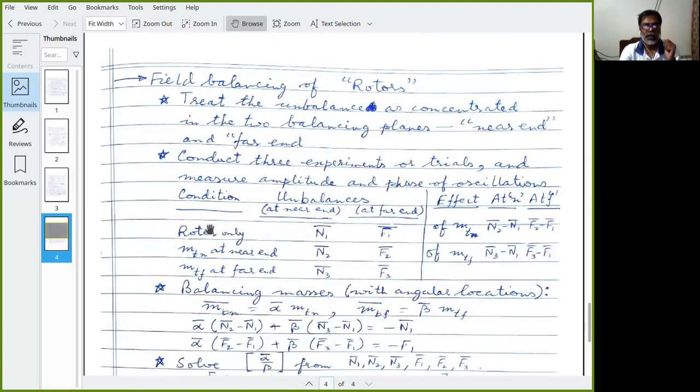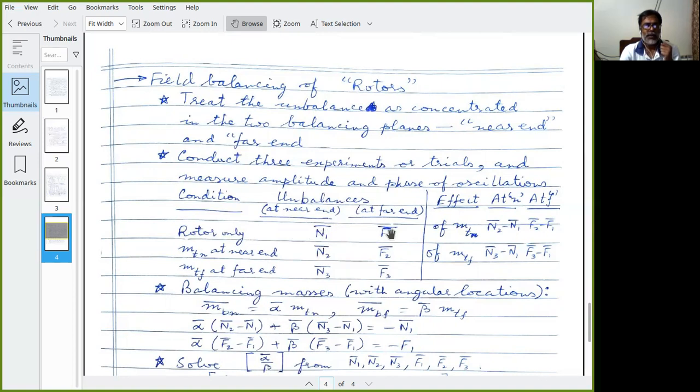Now the three experiments are these. One is rotor only, and whatever is the complex number giving the amplitude and phase of oscillations at the near end, call it N1, and at the far end, call it F1. So in the first experiment, you can get these two complex numbers.